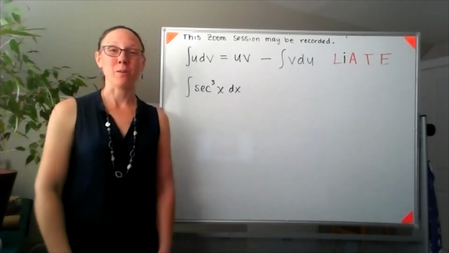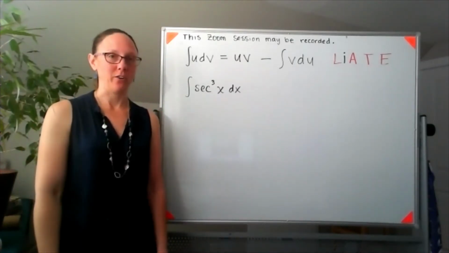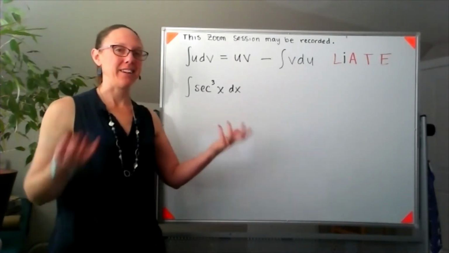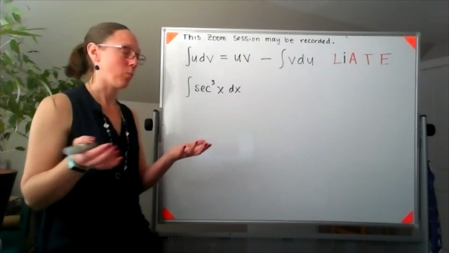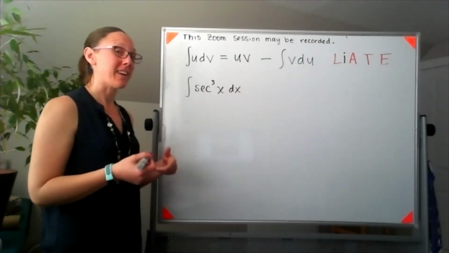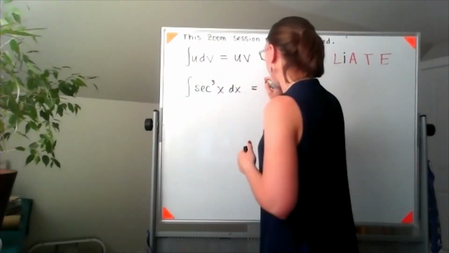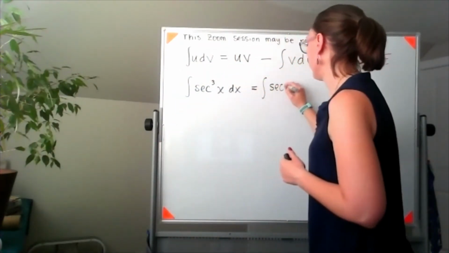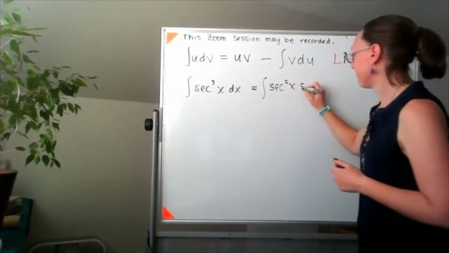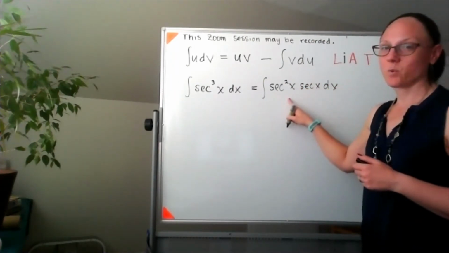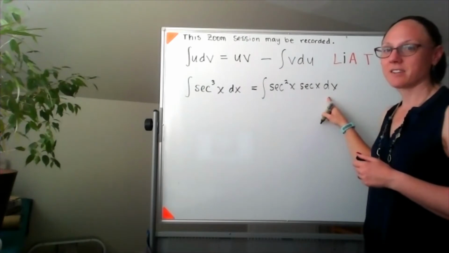So my only other option at this point is to think about integration by parts. But right now, it isn't exactly two parts that I can work with. So I'm going to take a step and rewrite this as secant squared x times secant x dx.